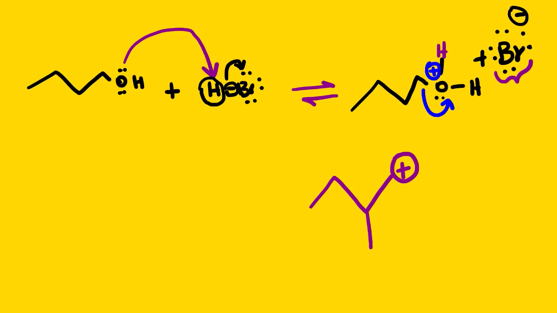So in this case you can see we don't have the methyls, we are just dealing with a primary carbocation.